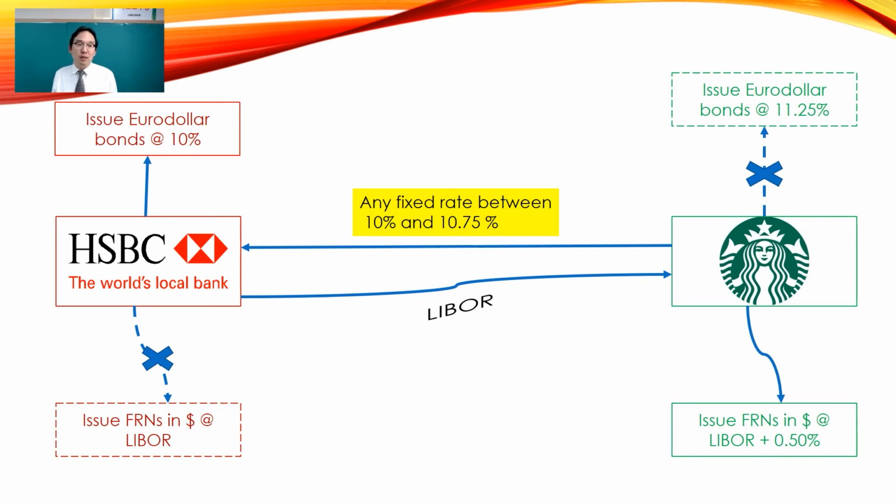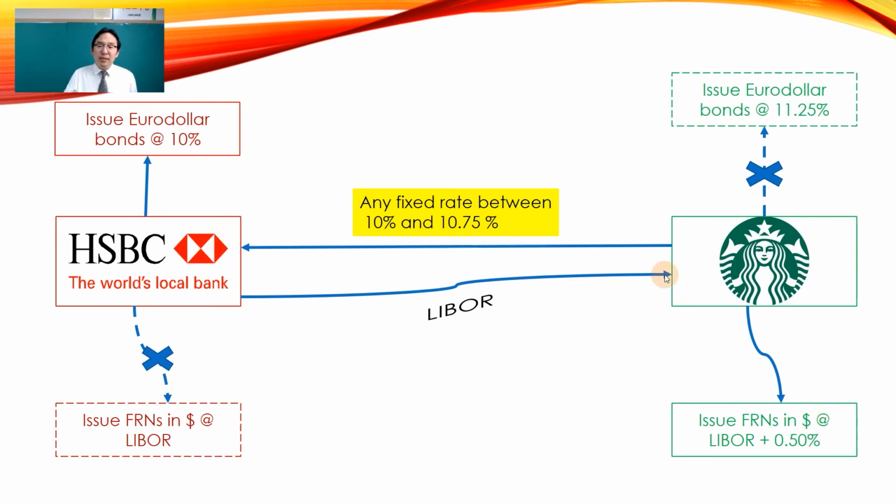All in all, their interest expense will be minimized, reducing their borrowing cost. So HSBC goes to the euro-dollar bond market at 10% fixed rate, and Starbucks borrows in the floating rate note market at LIBOR plus 50 basis points. What can they do?